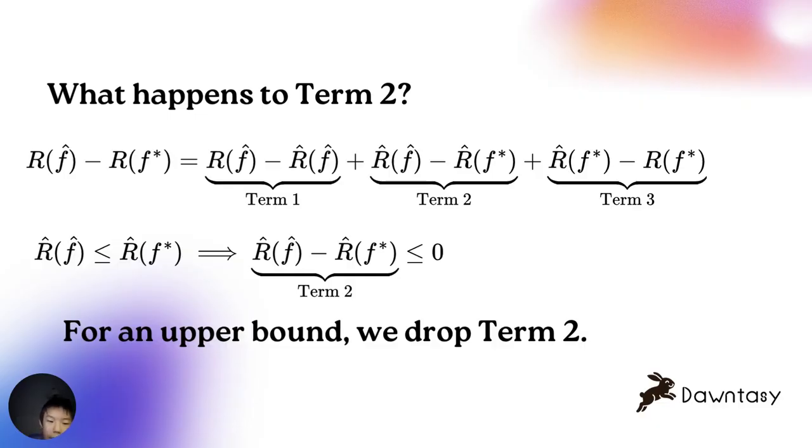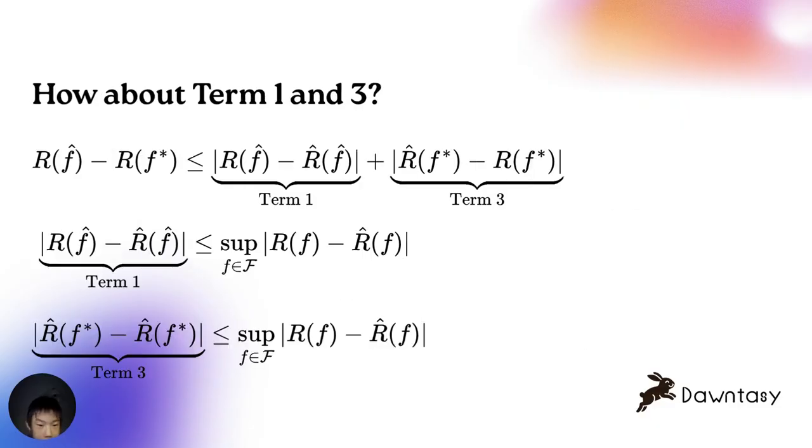If we subtract these, the difference is less than or equal to 0. If we want an upper bound, the worst case scenario, this would just equal 0. And thus term 2, because it's 0, we can just drop it, because adding 0 does nothing.